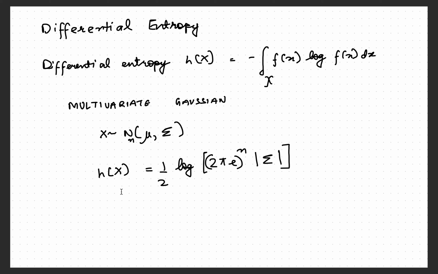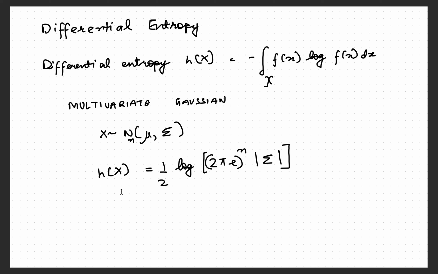Here the differential entropy can be calculated to be half logarithm of (2 pi e) to the power n multiplied by the determinant of the covariance matrix. You can put n equal to 1 and verify that this multivariate Gaussian differential entropy holds true for the 1D normal distribution also.